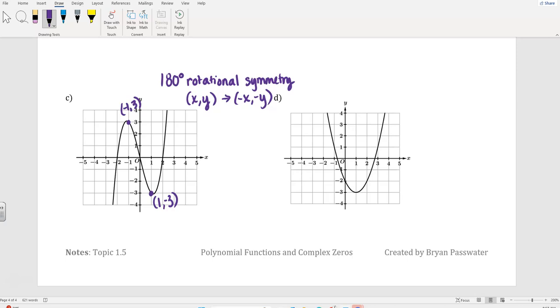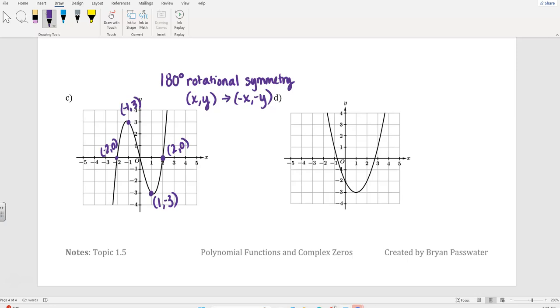We could check another point. For example, they really didn't hit us with grid lines much here, and I mean, you could do this point. This point is 2, 0. So if you change the sign of both of those, you'd get negative 2, 0. But that one's a risky one to think about because 0 doesn't have a sign. So it could be a different type of rotation there.